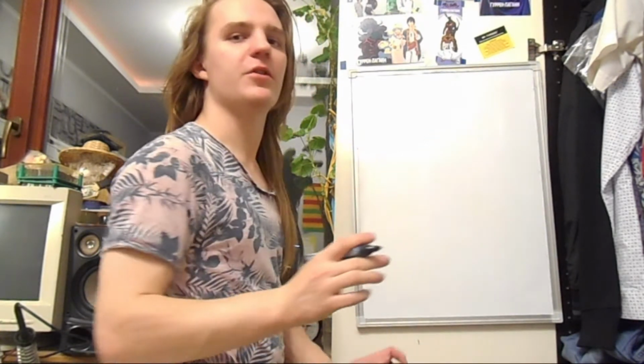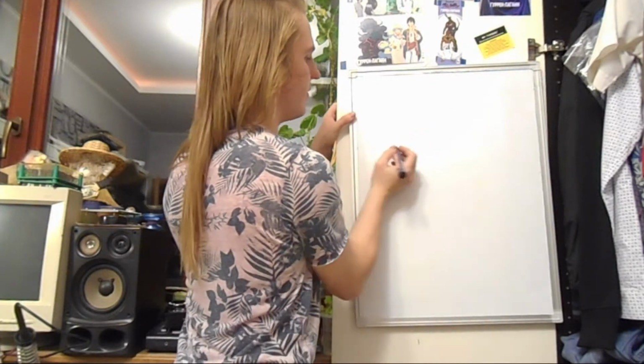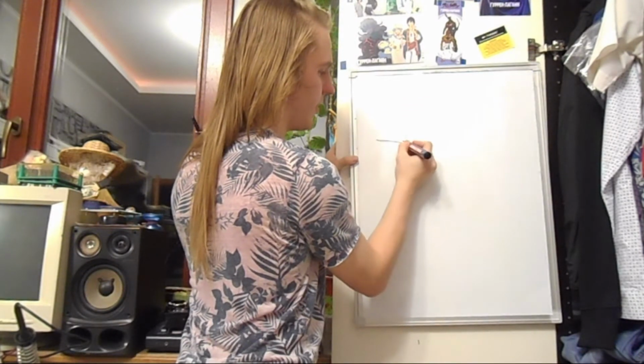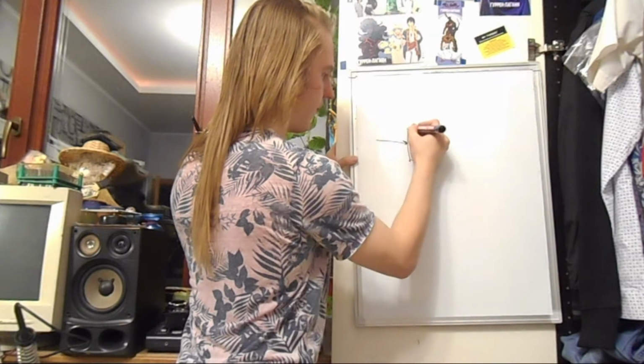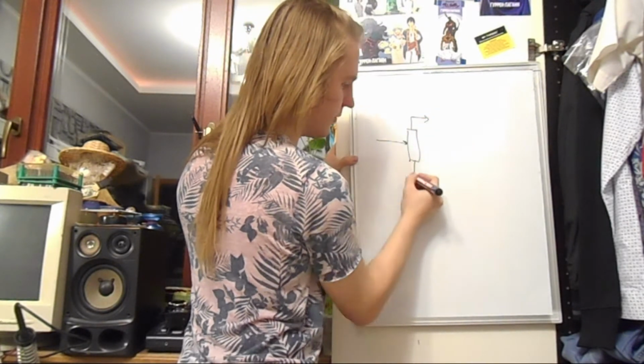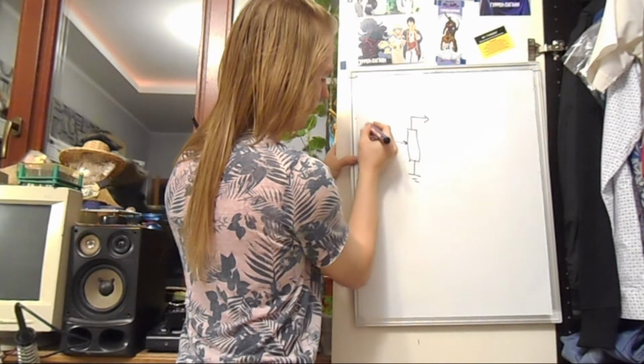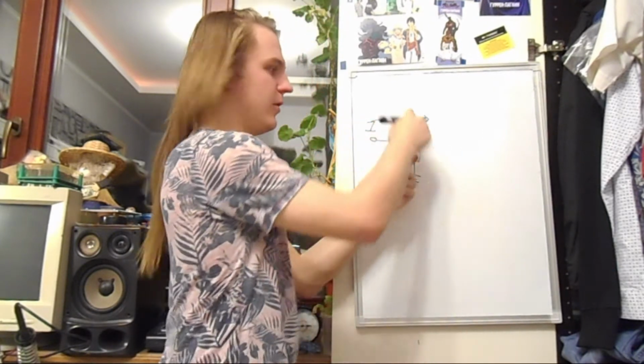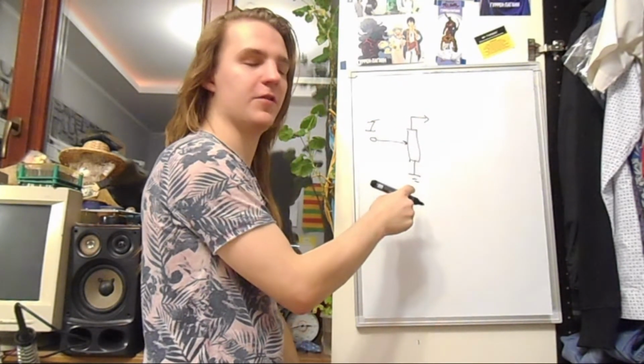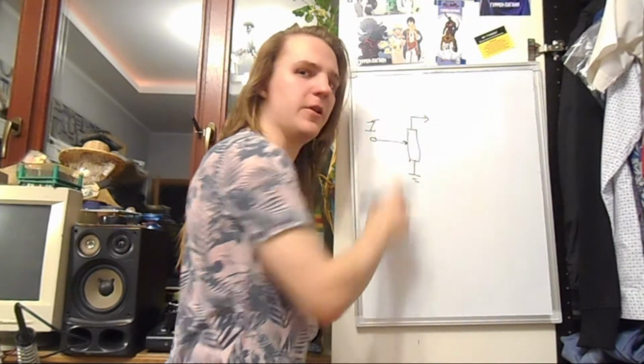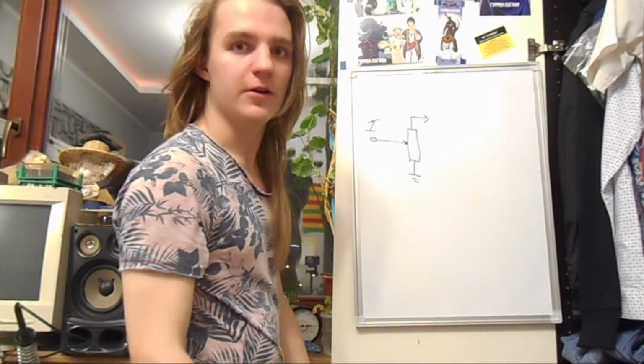So our volume control is going like this. Signal output, ground. Here is input. We turn the knob towards here, we mute the signal, we turn the knob towards here, we hear the full signal. Okay? Good.